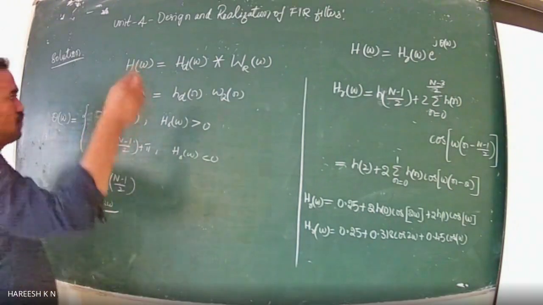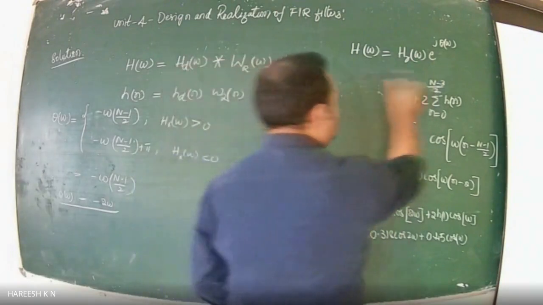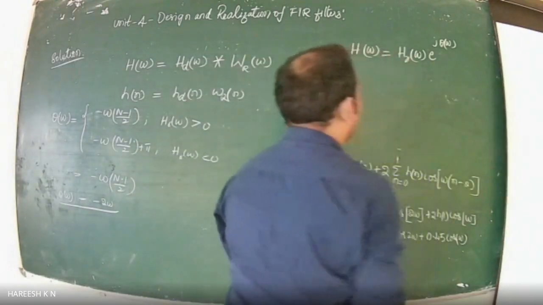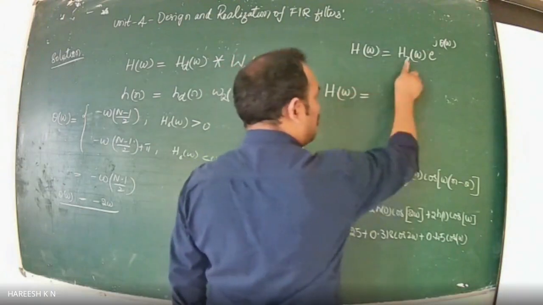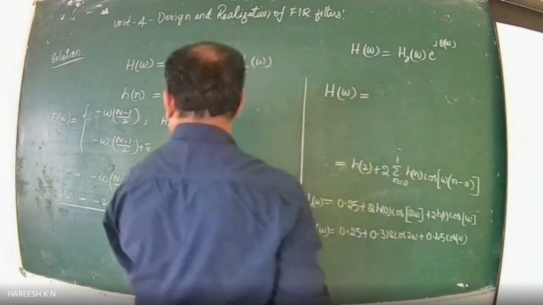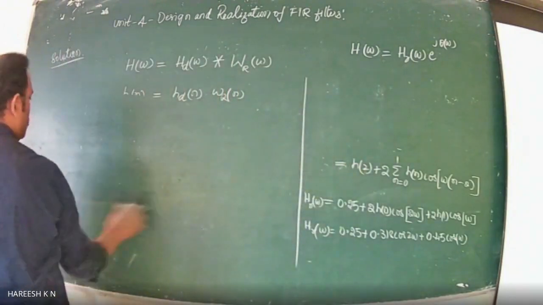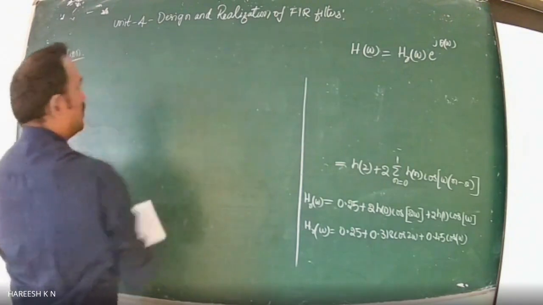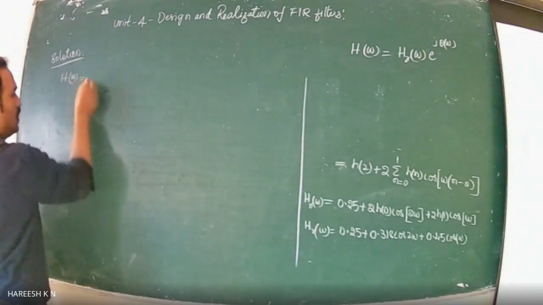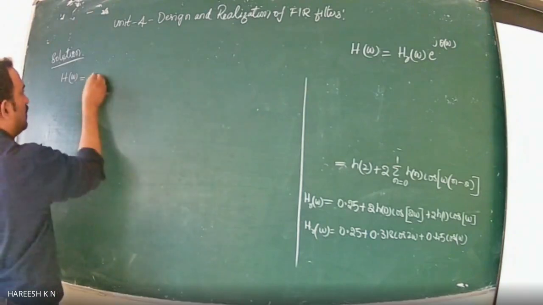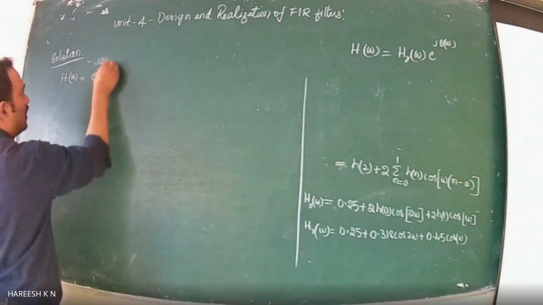Therefore, if I substitute in this expression, now it becomes, h of omega is equal to HR of omega, this expression. Therefore, I will write it here only to accommodate the entire expression. Therefore, h of omega is equal to e to the power of j theta, and theta is minus 2 omega, correct?